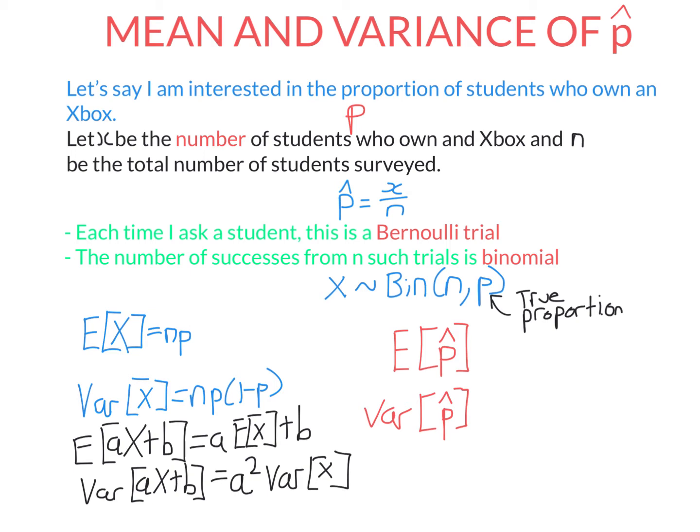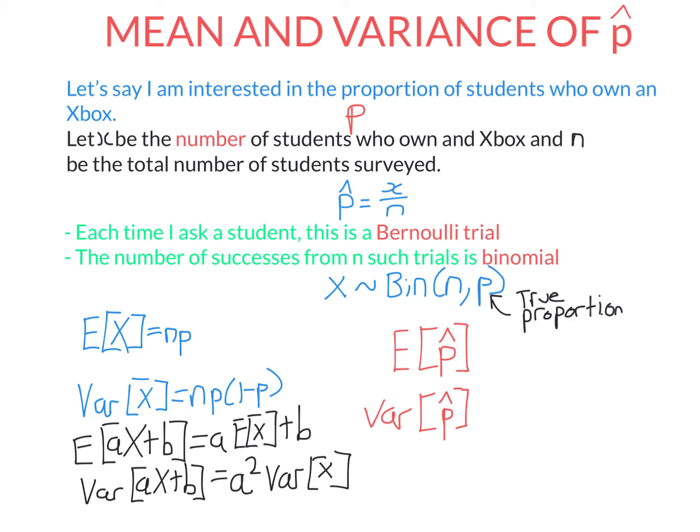For any binomial distribution, the expected value is n times p. Here n is the number of students I asked, the number of trials, and p is the true proportion of students who own an Xbox. I don't actually know p, however. And for any binomial random variable, we know its variance follows this formula here. These two formulas in black just give us rules about expectation and variance that we're going to use here.